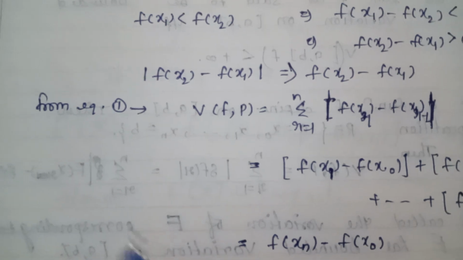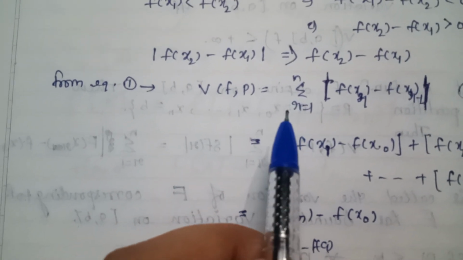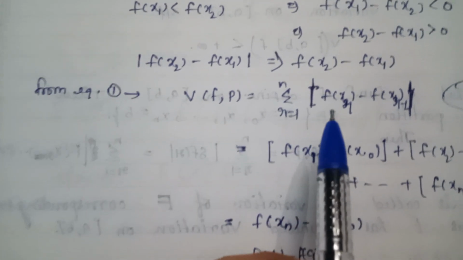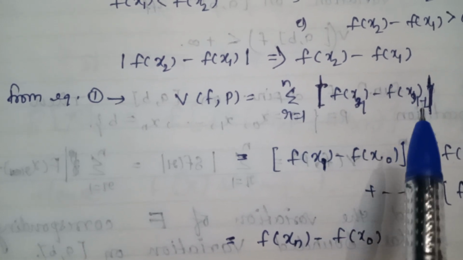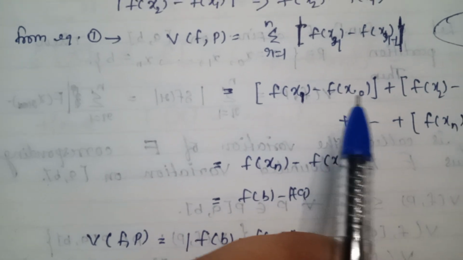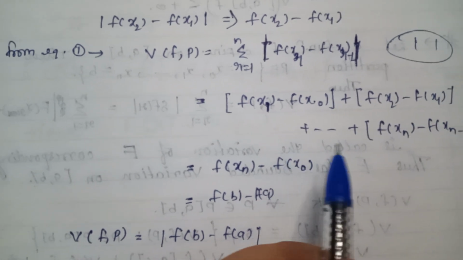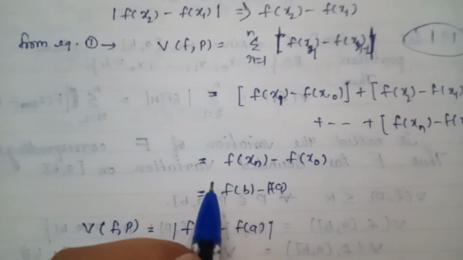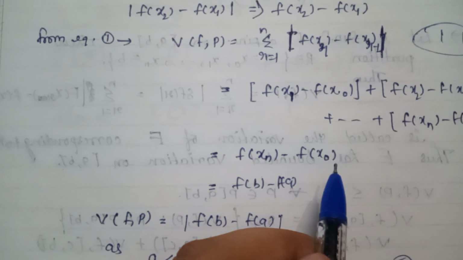Now from equation number 1, V(f, P) = summation r = 1 to n of |f(x_r) − f(x_{r−1})| = f(x1) − f(x0) + f(x2) − f(x1) + and so on + f(xn) − f(x_{n−1}), or it can be written as f(xn) − f(x0).